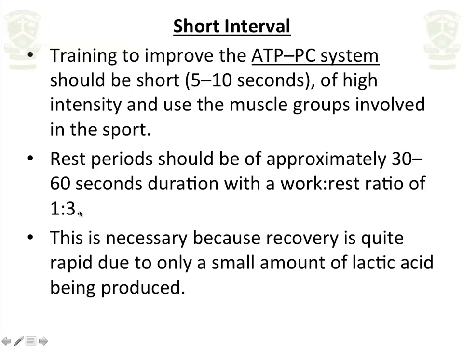There's your work-rest ratio, so if you work for 10 seconds, you'd rest for at least 30 seconds, so 1 to 3. That recovery time is okay because there's only a small amount of lactic acid being produced, and hopefully your ATP-PC stores would resynthesize. That's going to roughly take 2 minutes for complete restoration of those. But because we're training the ATP-PC system, we're only going 5 to 10 seconds.